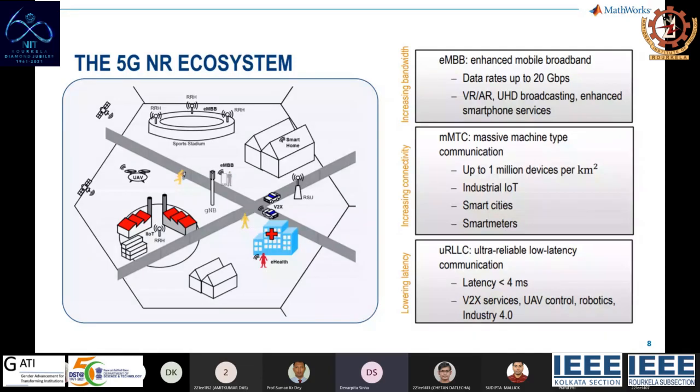And finally, ultra reliable low latency communication provides very low latency of less than 4 milliseconds, and that will help in developing autonomous vehicles, UAV controls, mission critical applications, and Industry 4.0.